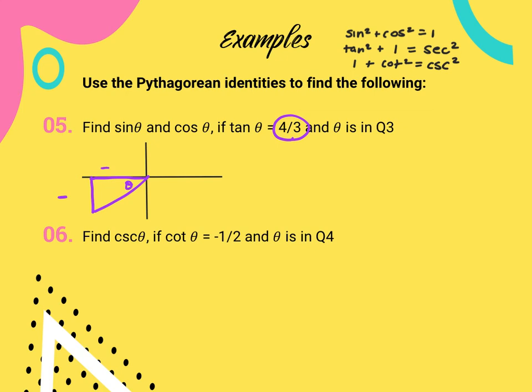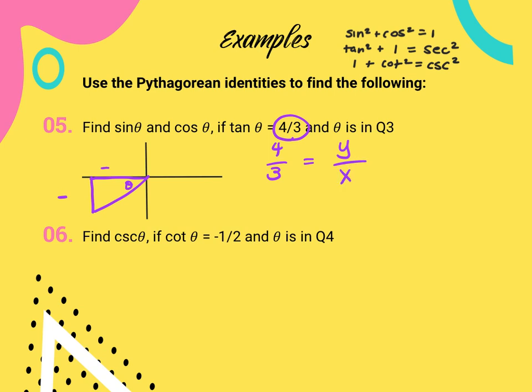Is there another way that I could get a positive, but them both be negative? If I put a negative over negative, what happens? It's positive. So even though I'm in the third quadrant, would my tangent be positive? Yes. So remember 4/3 is my tangent, and my tangent is y over x.